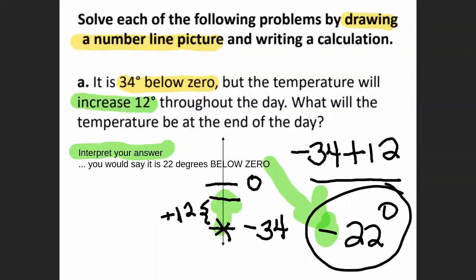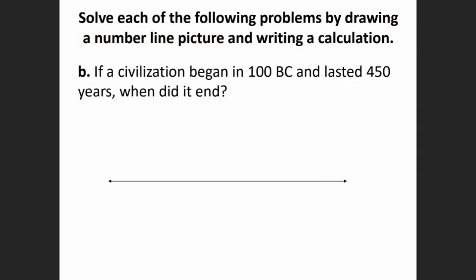Now, the next story problem, you're going to have to be a little aware of history. This is a number line, and something you have to realize about ancient history. We have a point in time that will be 0. But to the left, this side is known as the BC side, or in ancient civilizations, this is before Christ.